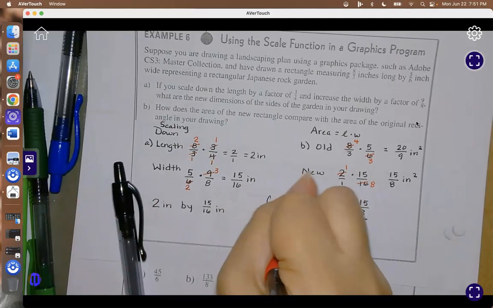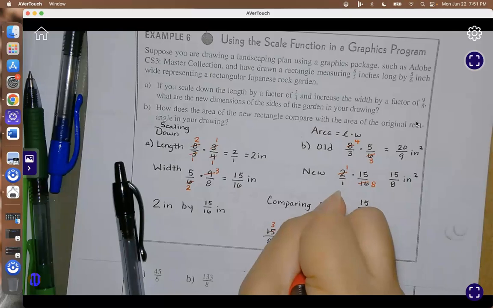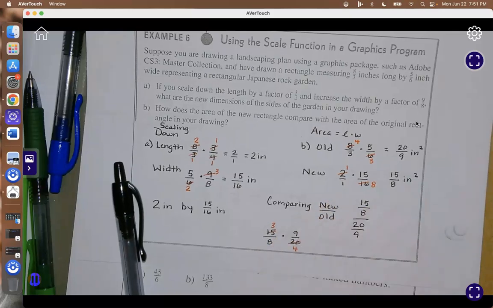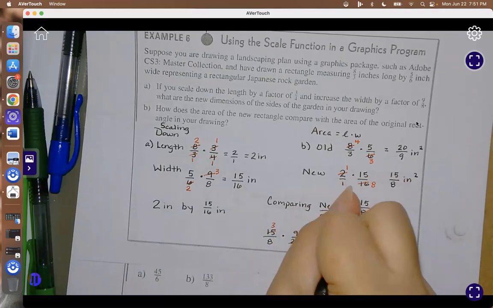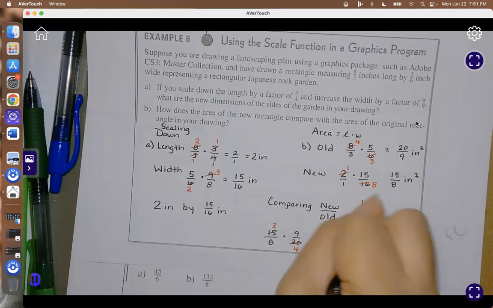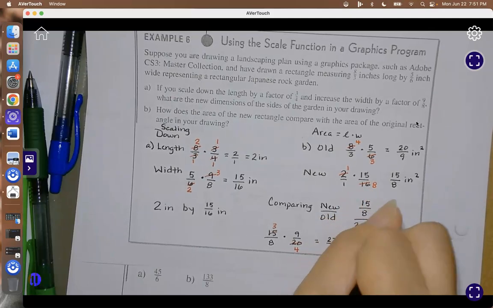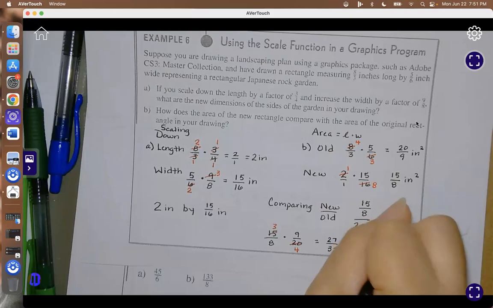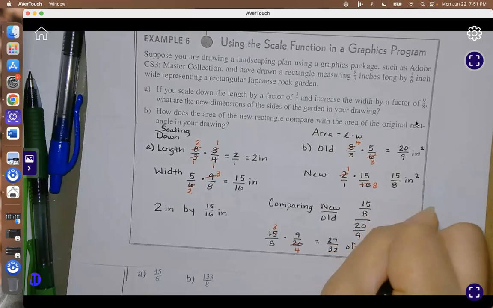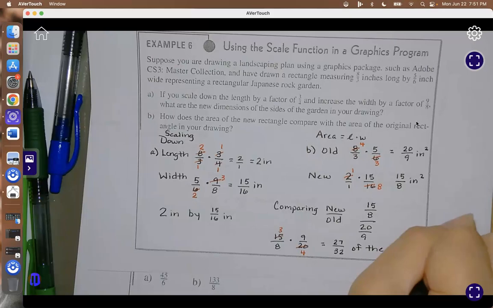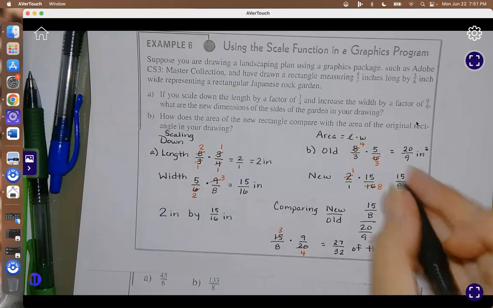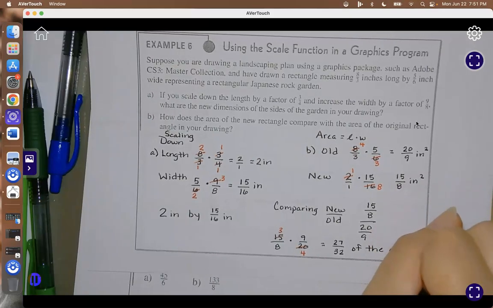These are in the 5's family, so that becomes a 3. That becomes a 4. And this says that it's 27/32 of the old. So that's 27/32 of the old size, of the old area.